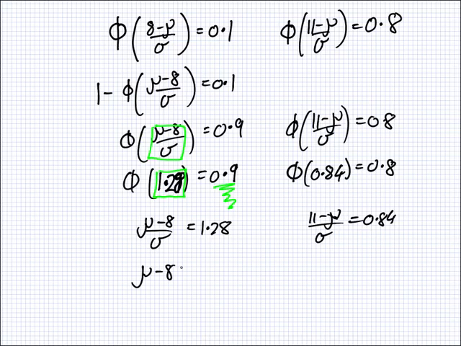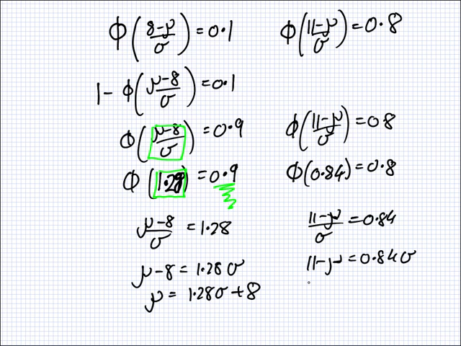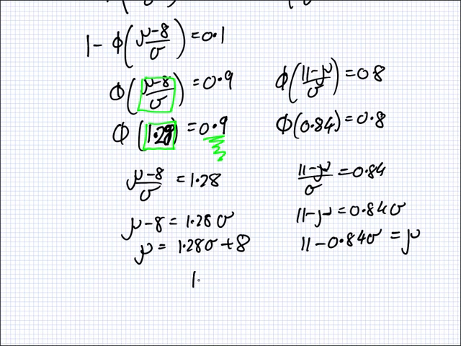Mu minus 8 equals 1.28 sigma. 11 minus mu equals 0.84 sigma. So mu equals 1.28 sigma plus 8, and 11 minus 0.84 sigma equals mu. So we can say 1.28 sigma plus 8 equals 11 minus 0.84 sigma. So that's 3.